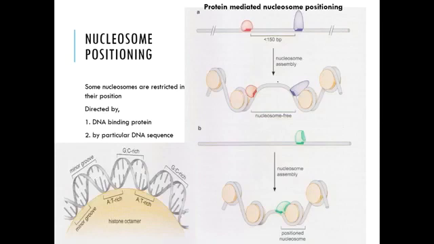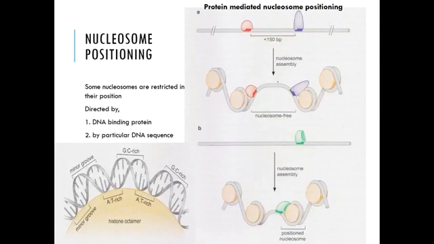It will remain as such. It cannot be changed from one position to another. So that can be mediated either by the DNA sequence itself or by certain proteins. First we will look at the role of proteins in nucleosome positioning.